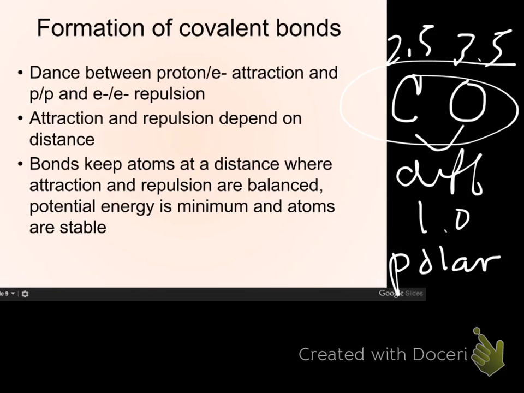Well, one tennis ball really hates another tennis ball. And surrounding those tennis balls, you got two electron clouds. Well, that's all negative and all negative. And negative plus negative is also repulsive.